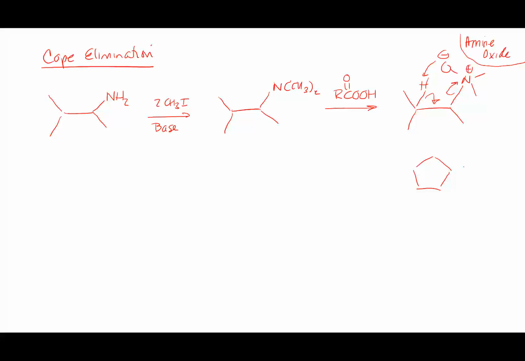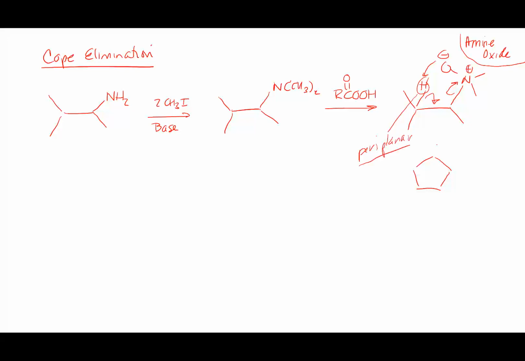This isn't our first 5-membered ring transition state, but hopefully what you remember about 5-membered ring transition states is that they can't wrap around and be on both sides of a single bond. In other words, they can't be cis and trans. They have no choice but to be cis. In this case, this hydrogen has to be periplanar.